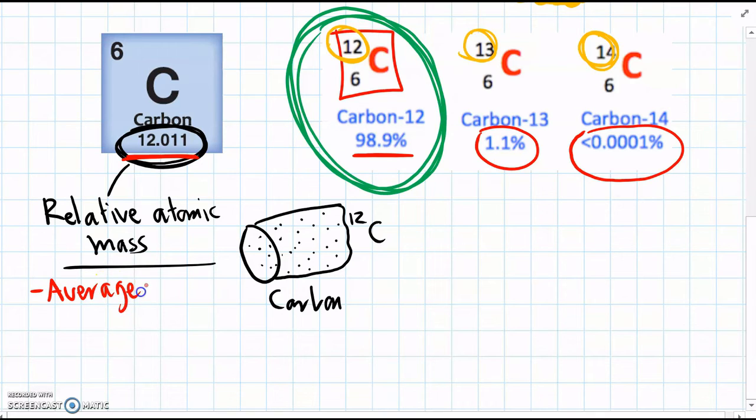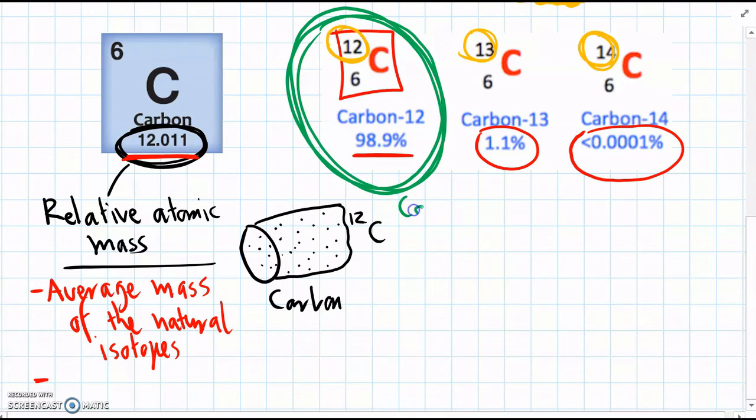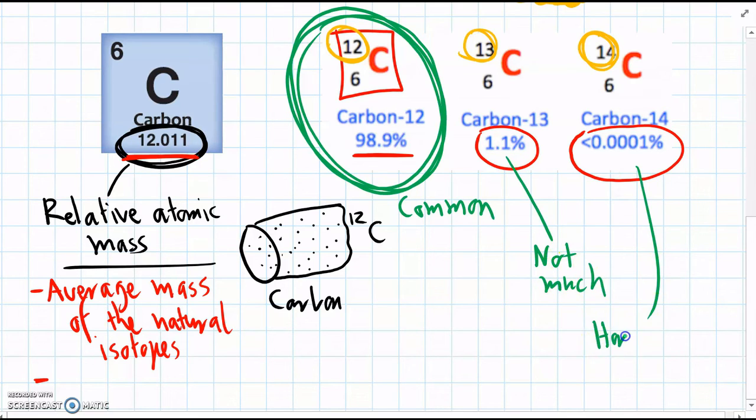It's an average mass of the natural isotopes, but they take into account how common they all are. So remember, carbon-12, really, really common. Carbon-13, there's not much. And carbon-14, hardly any. Not very mathematical, but that's how many there are.